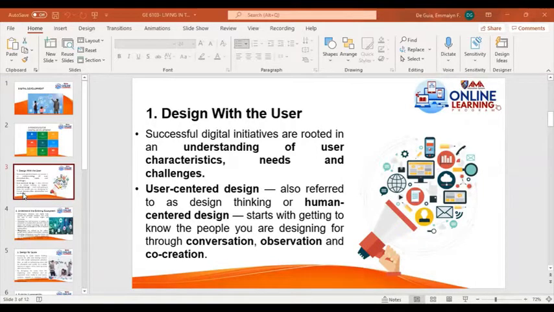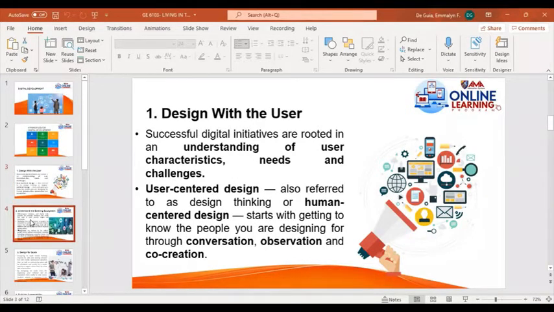We would be able to create a user-centered design or human-centered design. That will start, of course, by getting to know our users or stakeholders, the people. And through conversation, observation, and co-creation, we could come up with good quality digital tools.